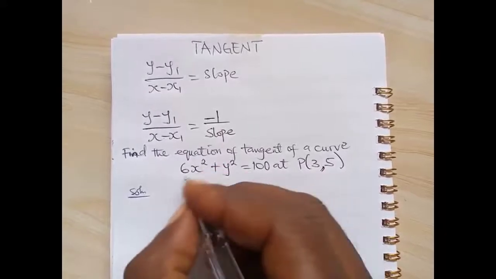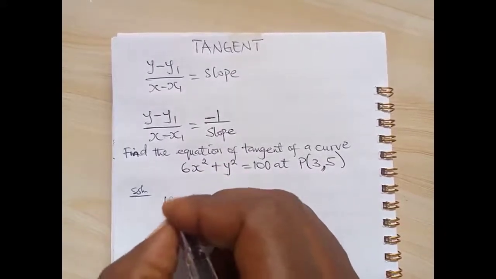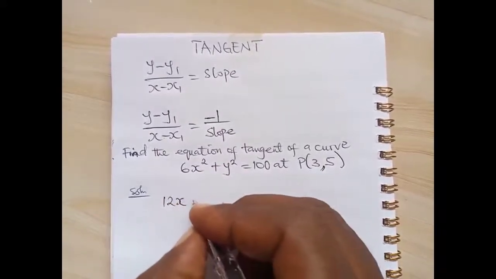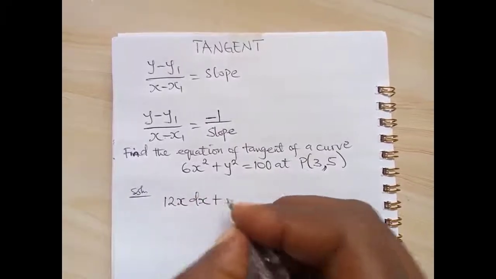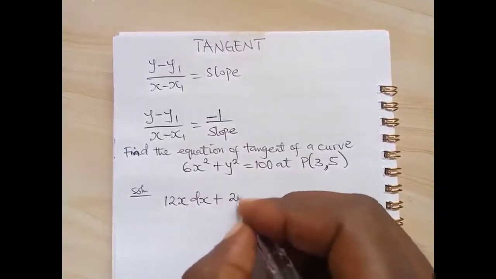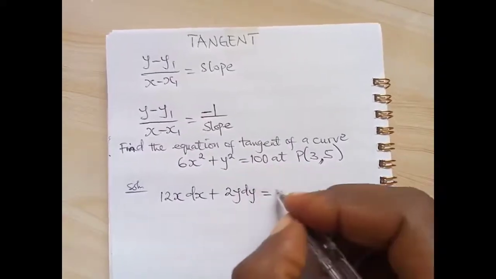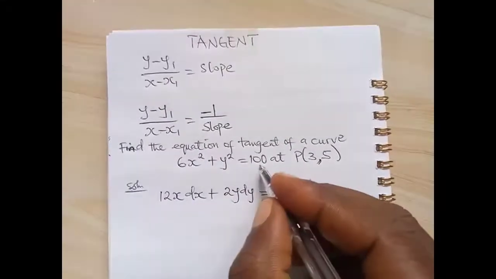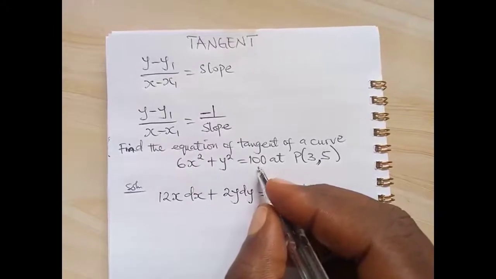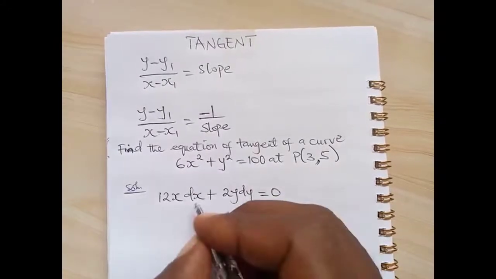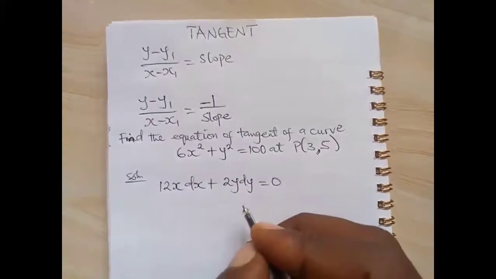Differentiation means multiply the power with the coefficient, write down x, then subtract 1 from the power. If we differentiate this, we're going to have 12x dx plus 2y dy. Whenever we differentiate a constant, we have 0, because it doesn't have x or y.